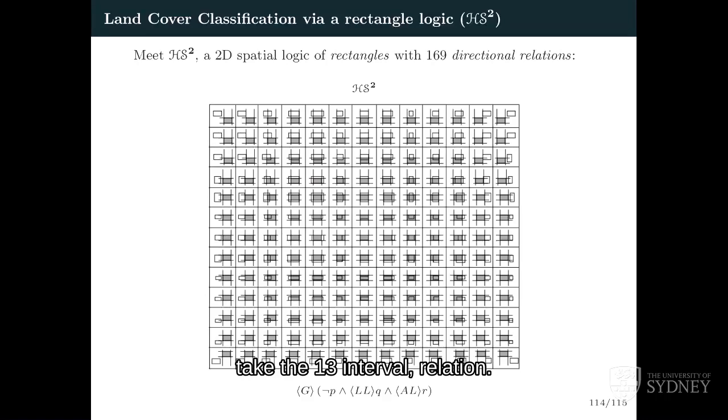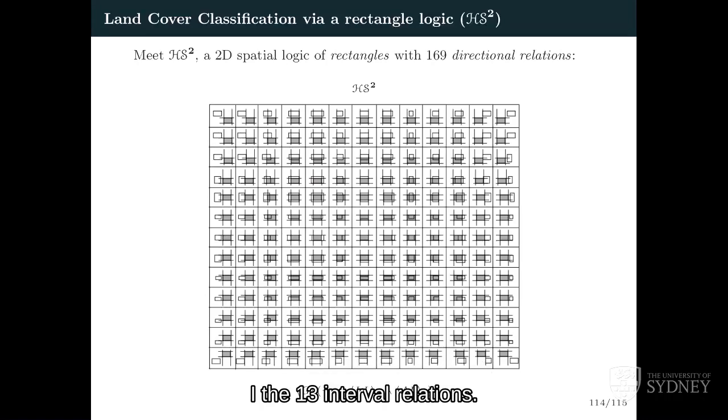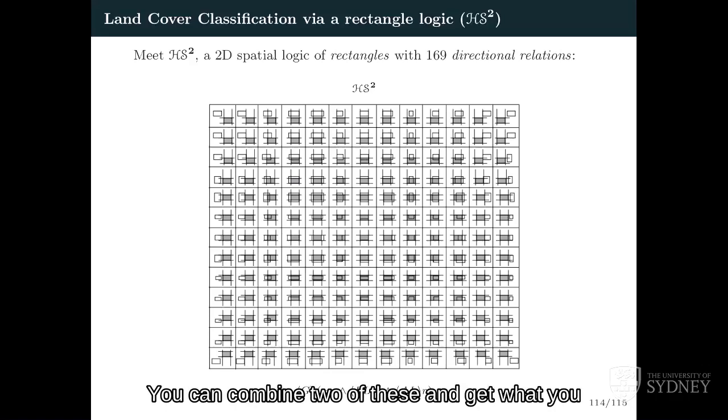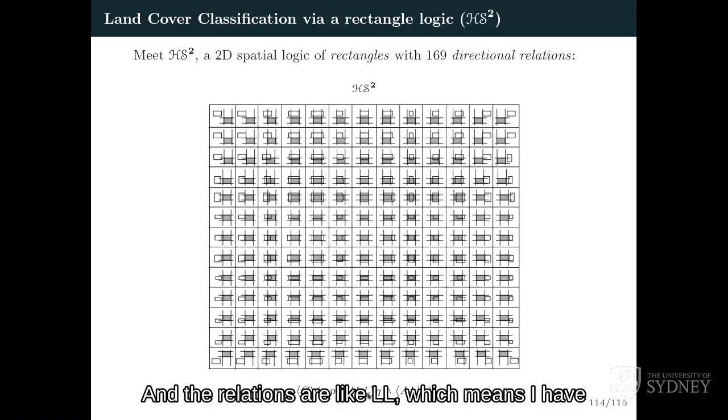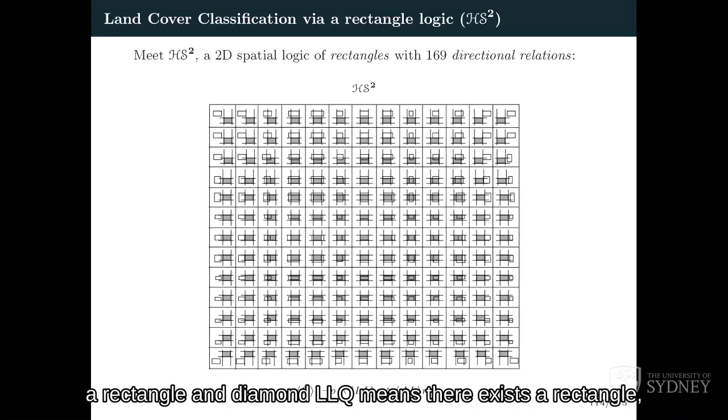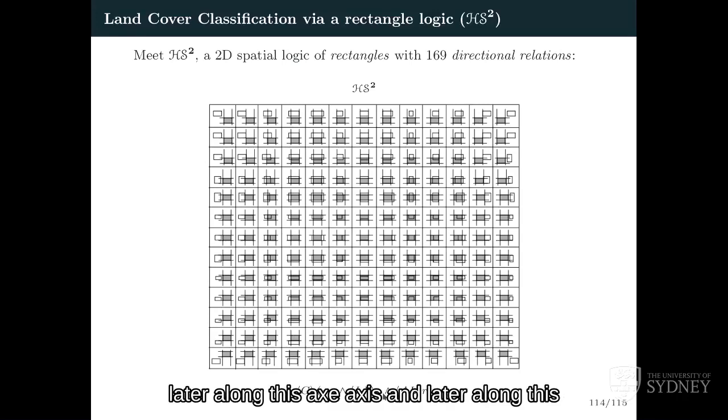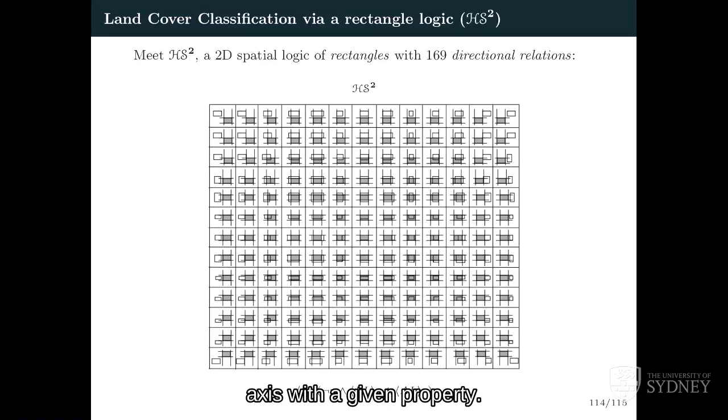If you take the 13 interval relations, you can combine two of these and get what you could call rectangle logic, right? That has 169 relations, and the relations are like LL, which means I have a rectangle, and diamond LLQ means there exists a rectangle later along this axis and later along this axis with a given property.